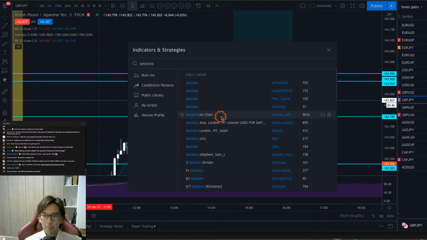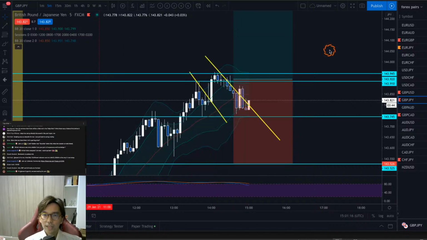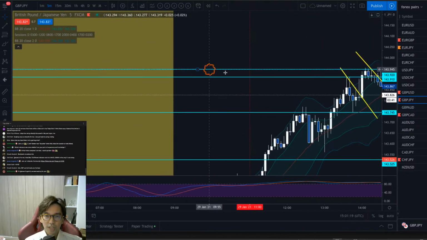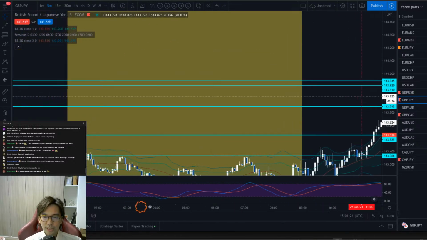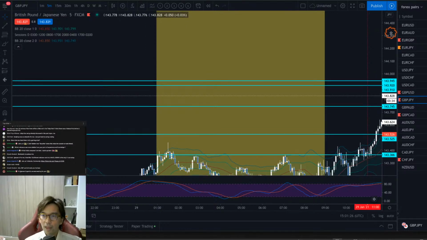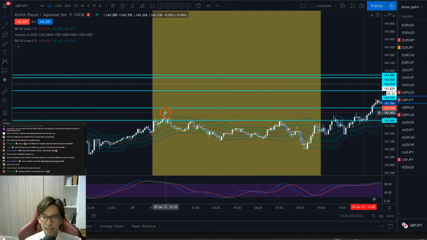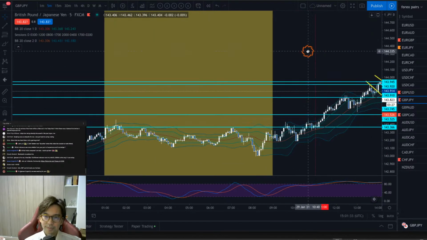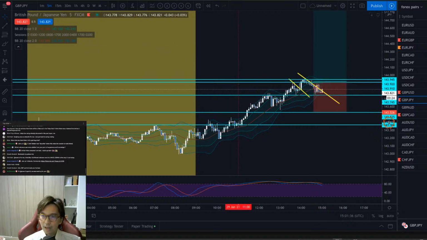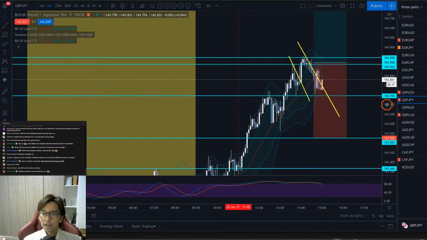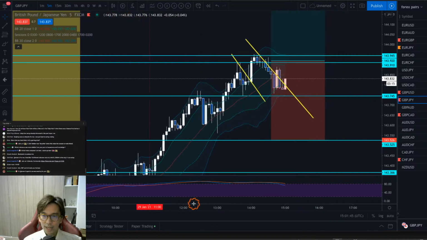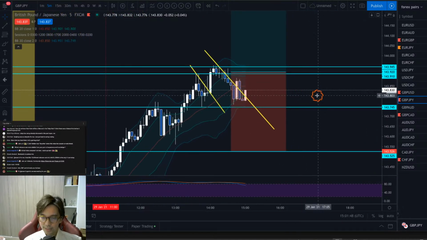I only show the Tokyo session as yellow, and this is the Tokyo session, and I take the high and low of the Tokyo session and capture the breakout. And I'm sure on MT4 and MT5 these sessions indicators are also available for free, so you can Google it and have that indicator for free.